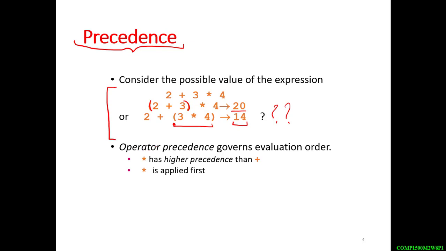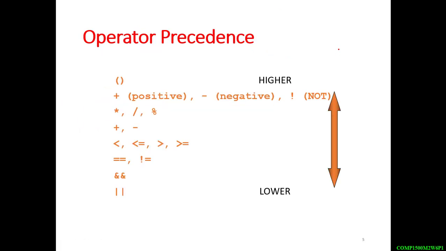So if we get a question like this, which is 3 plus 2 multiplied by 4, you see here, multiplication has higher precedence compared to addition. So we always go to 2 multiplied by 4, which is 8, plus 3, which will give us 11. Now, for precedence, these are the precedence in sequence.